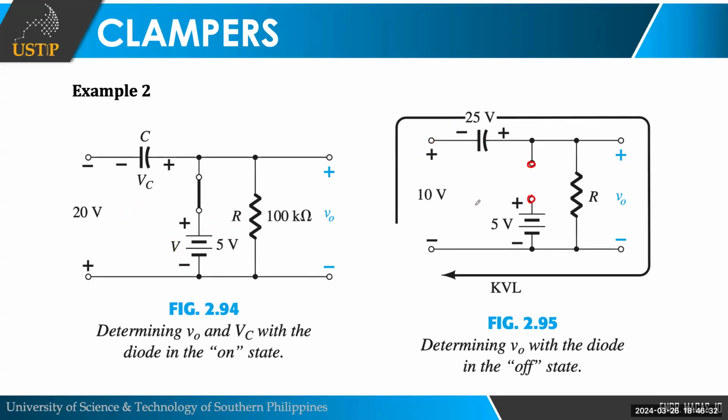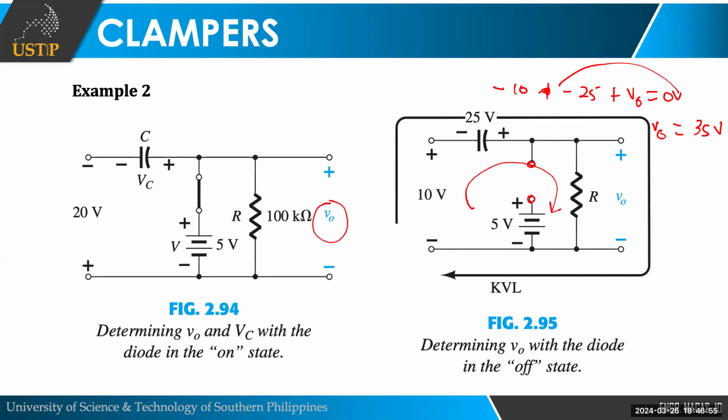If we apply KVL there, that would be negative 10 minus 25 plus output voltage is equal to 0. So if we transpose everything, -10, -25, we have an output voltage of 35 volts.